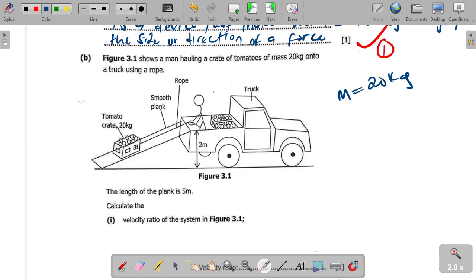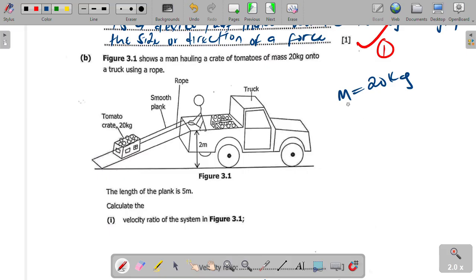Here's the man, and these are the crates of tomatoes weighing 20 kg. I've written the smooth plane here, and then the height from the ground to where the man is lifting the tomato crate, the height of the truck.